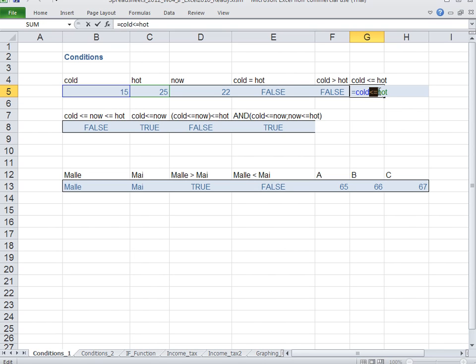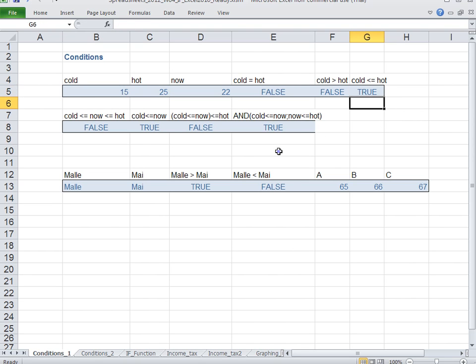For instance, in case of income tax, if your income is smaller than the non-taxable amount, or equal to it, you'll still be paying no income tax. The other point to make here is that if we write smaller than or equal to, we should always write the smaller than character before, not after the equal sign.